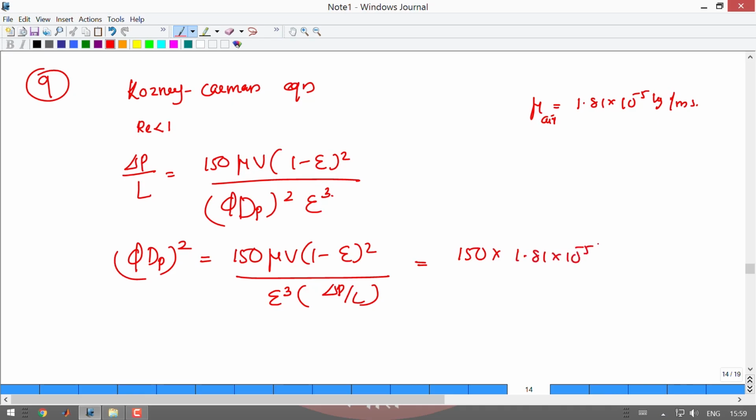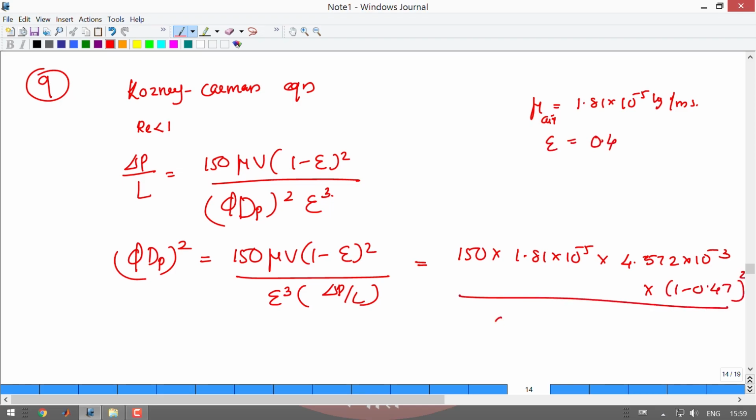Velocity is given in the question in FPS unit, so we have to convert it to SI units. The velocity will be 4.572 into 10 raised to minus 3, with epsilon equal to 0.47. So, (1 minus 0.47) the whole square divided by 0.47 the whole cube into delta P by L, which is equal to 84.